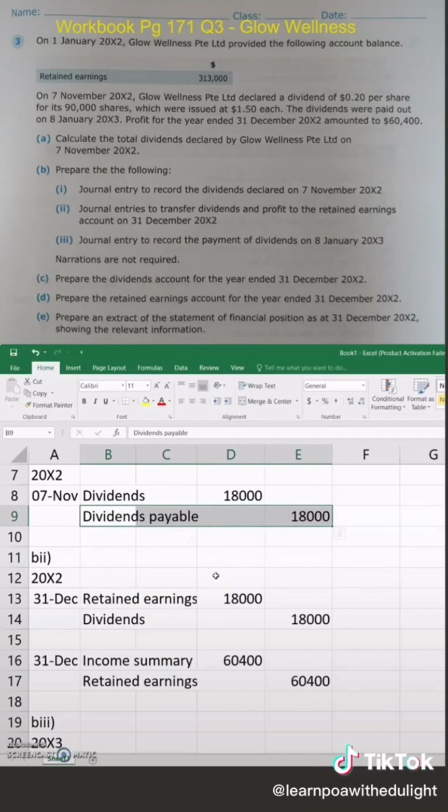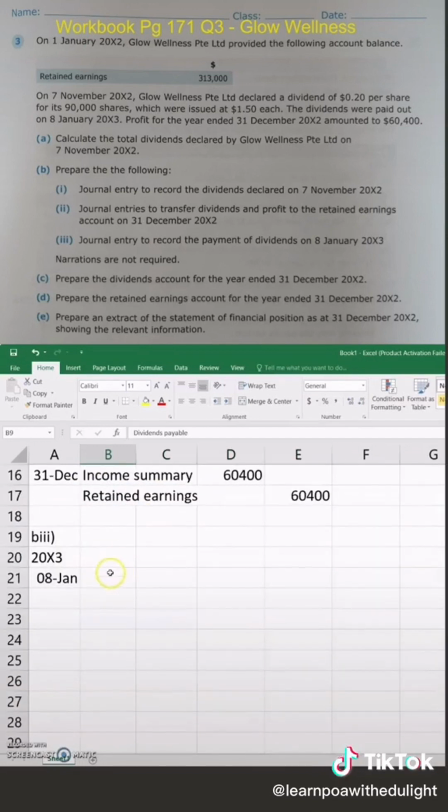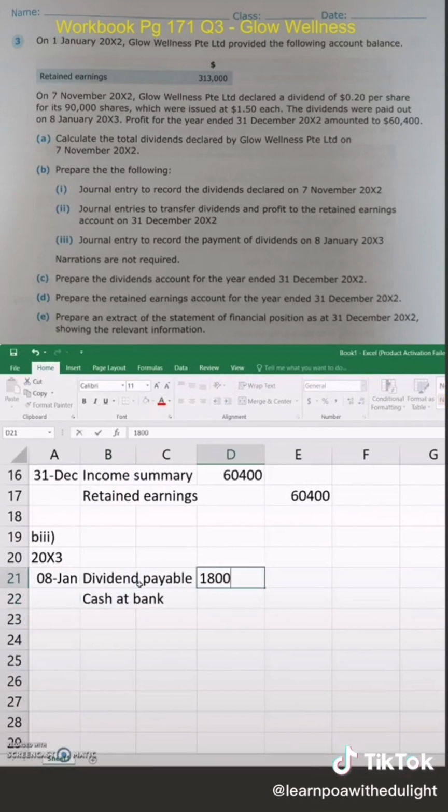So right now, what I will do is debit dividend payable to cancel it out, because I'm paying with cash at bank. This will cancel out the liability that was recorded the previous year. So this is how the journal entry should be.